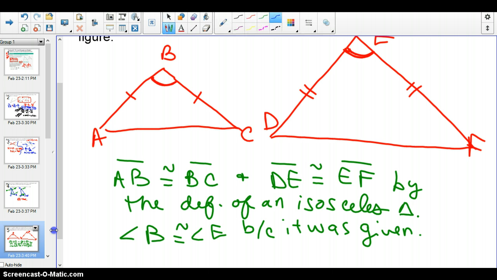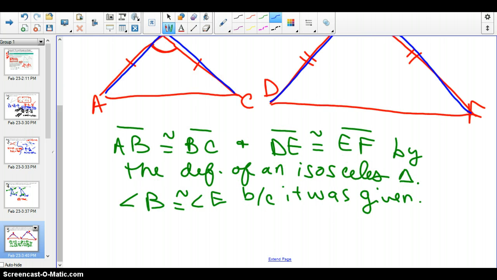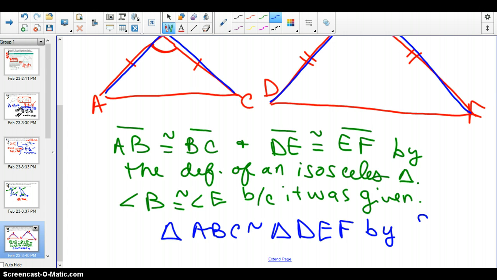And this side here, AB, is proportional to DE, and that ratio has to be the same as BC is to EF because of the way that they're marked. They're congruent. So that ratio is definitely going to be the same. So I can say that triangle ABC is similar to triangle DEF by side-angle-side similarity theorem.